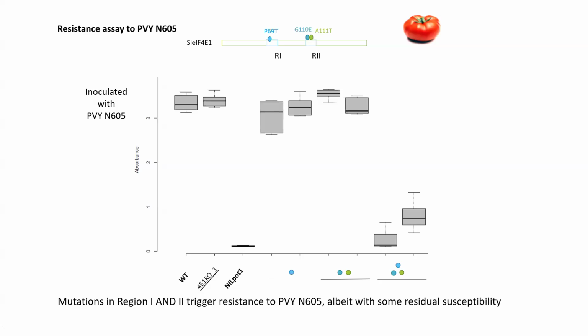If you only edit one region of EIF4E, you get no resistance. If you edit only region 2, sorry, I can't point, you get no resistance as well. But if you manage to edit both region 1 and region 2, then you get a very good level of resistance and very little accumulation of the virus.